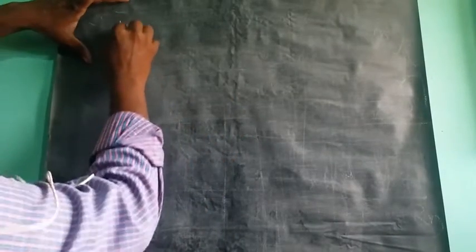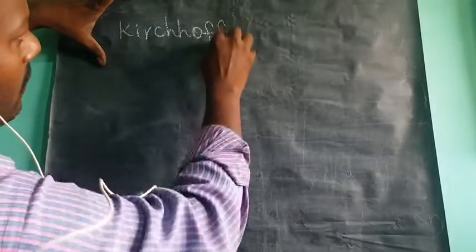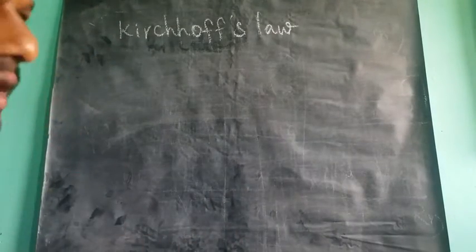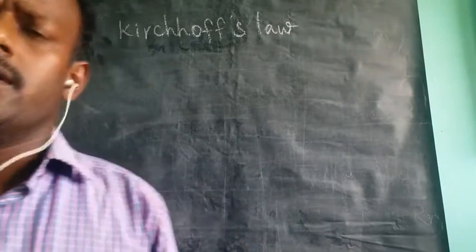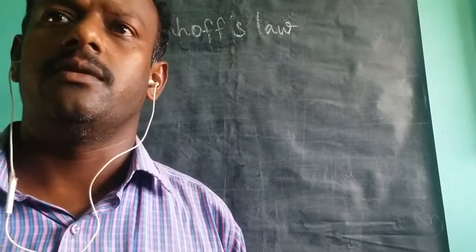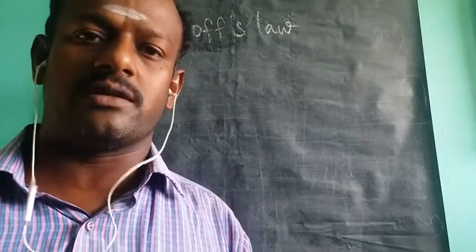Today we are going to discuss Kirchhoff's law. Kirchhoff's law contains two different laws, the first law and the second law. Whatever the complication of the electrical circuit, it cannot be solved without using Ohm's law as well as Kirchhoff's law.